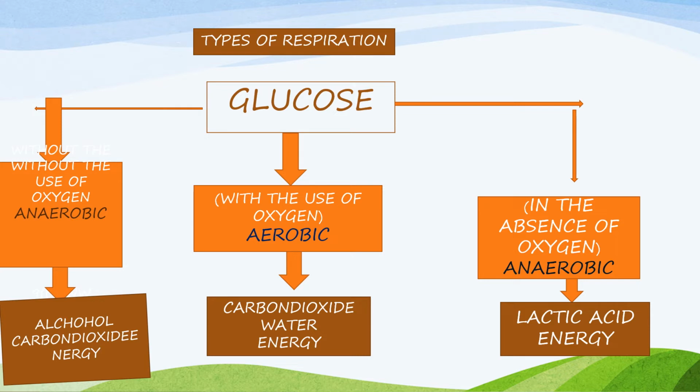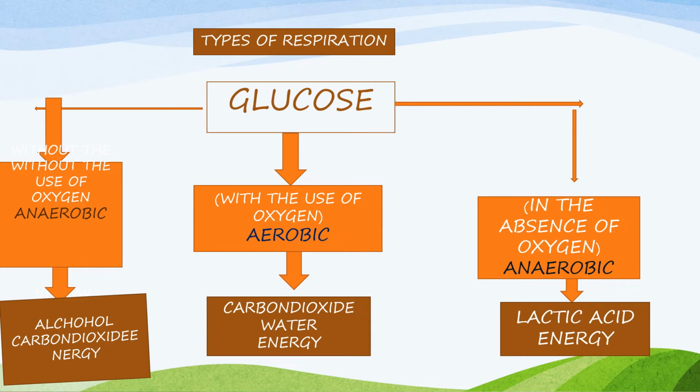Now, in the absence of oxygen, respiration also takes place in human muscle cells. This also comes under anaerobic respiration. The products of anaerobic respiration in human muscle cells are lactic acid and energy.